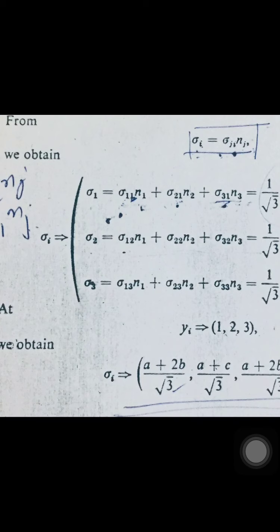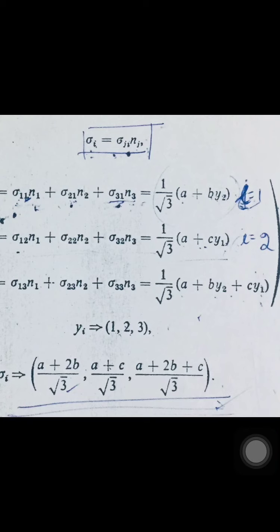So sigma 1 is sigma 1 1 n1 plus sigma 2 1 n2 plus sigma 3 1 n3. Sigma 2 is sigma 1 2 n1, sigma 2 2 n2 and sigma 2 3 n3. Sigma 3 is sigma 1 3 n1, 2 3 n2 and 3 3 n3. We have all values of sigma ij, and n1, n2, n3 are all equal to 1 by root 3, so we put 1 by root 3 common and substitute the other values of sigma ij.